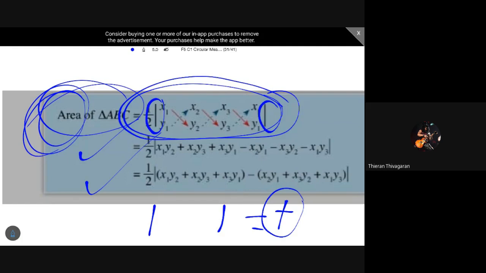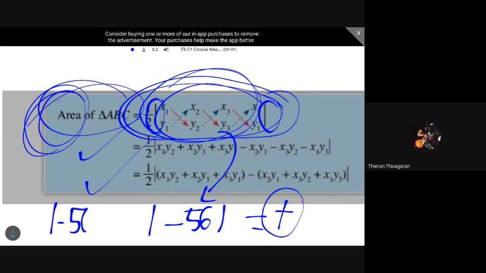So let's say if you get negative 56 inside here from the calculation, dari pengiraan kat sini, kamu dapat negative 56. If you take the modulus of negative 56, you will get 56. You will get a positive answer already. So itu adalah fungsi modulus kat sini. That is the modulus function here, to change negative to positive. And then divide by 2.